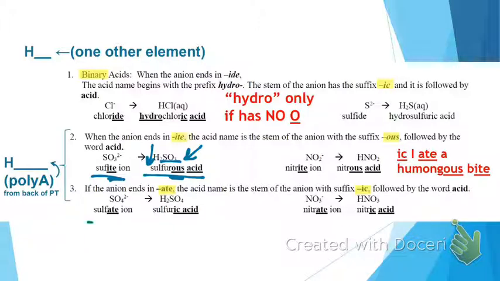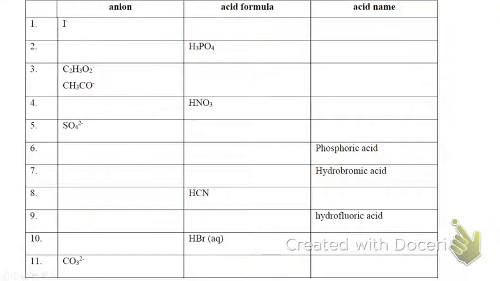I have sulfate here, and it's almost the same name, still no hydro because I've got some O's in that formula, but this is sulfuric acid because the polyatomic ended in ate. So those are our 3 types of acids, and really what we need to do is some examples.